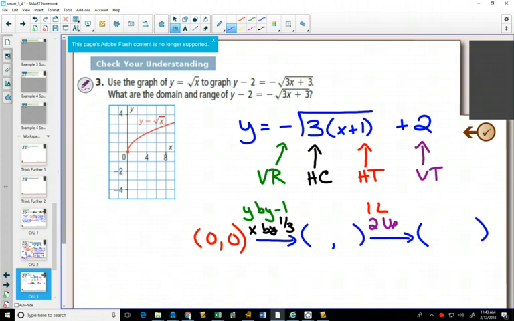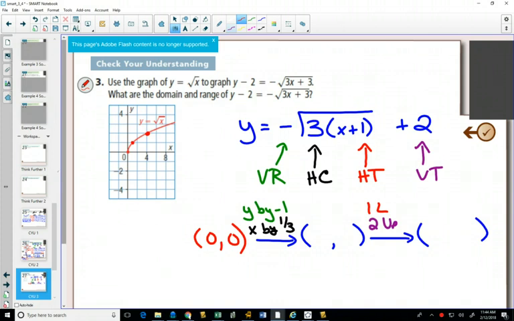And the reason I labeled that first is because when I pick my second point to see where it's going to go, I could choose 1, 1, because that's on my square root graph. I could choose 4, 2. Can you see with both of those points that if you did that, when you multiply your x values by 1/3, you will get fractions?